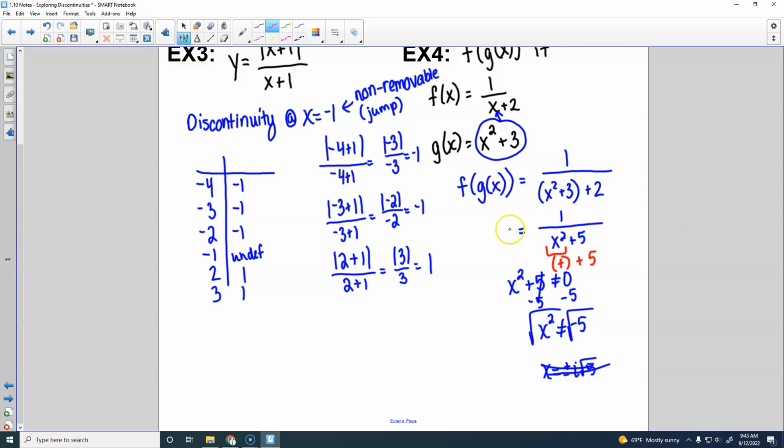So there is nothing that's going to give you a 0 in the denominator here. So the answer for this is none. So if you get a denominator like that where nothing will make it 0, even though there is a denominator, it will never equal 0, then you don't have any discontinuities. And typically it happens when you have a square somewhere. Okay, questions?